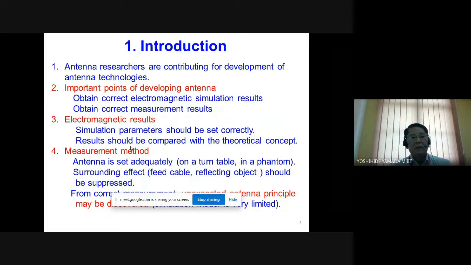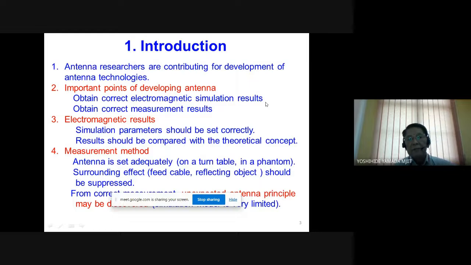Next, first, the introduction. We antenna researchers are contributing for development of antenna technologies. So important point of developing antenna is obtain correct electromagnetic simulation result for antenna designing.